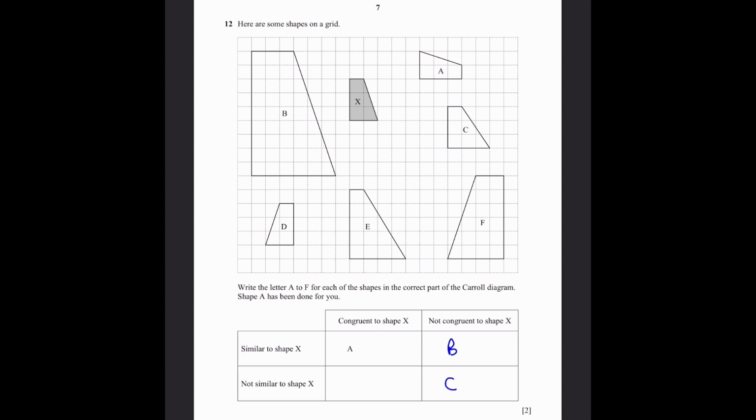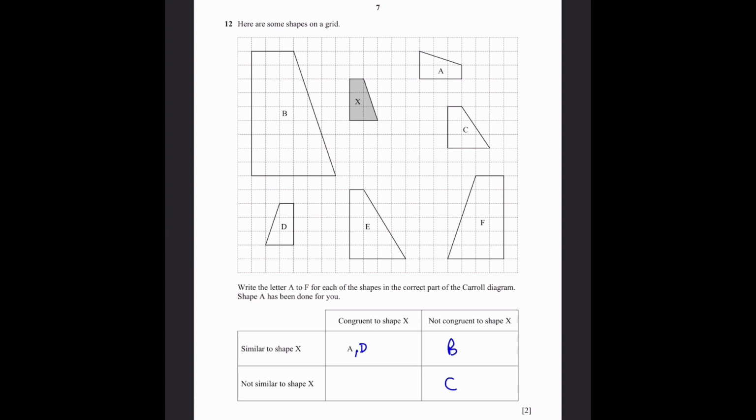Now for D, D is literally just a reflection of X. If we reflect it back, it becomes the exact same shape as X. So congruence is there for shape D and shape X. We can write D over here. Shape E, let's see, it's not congruent because they are not the same size.